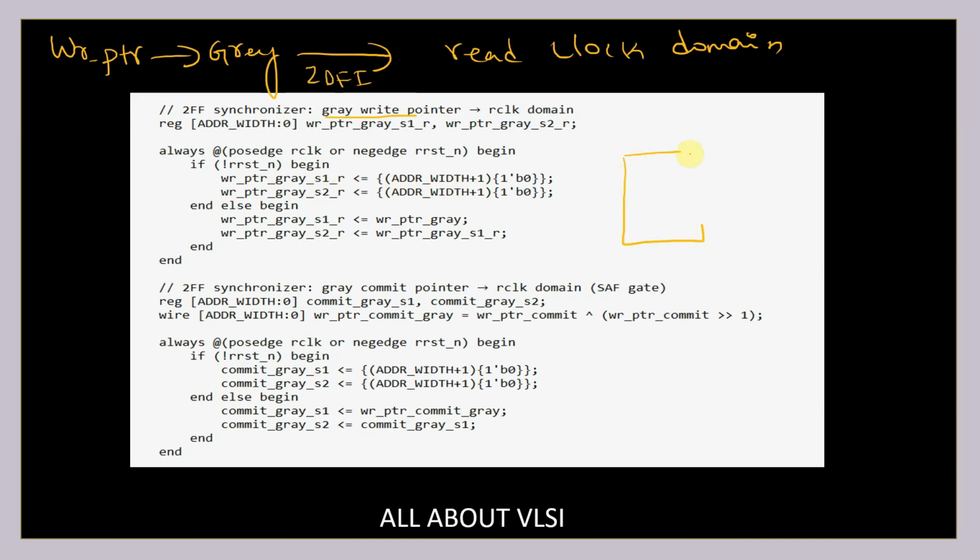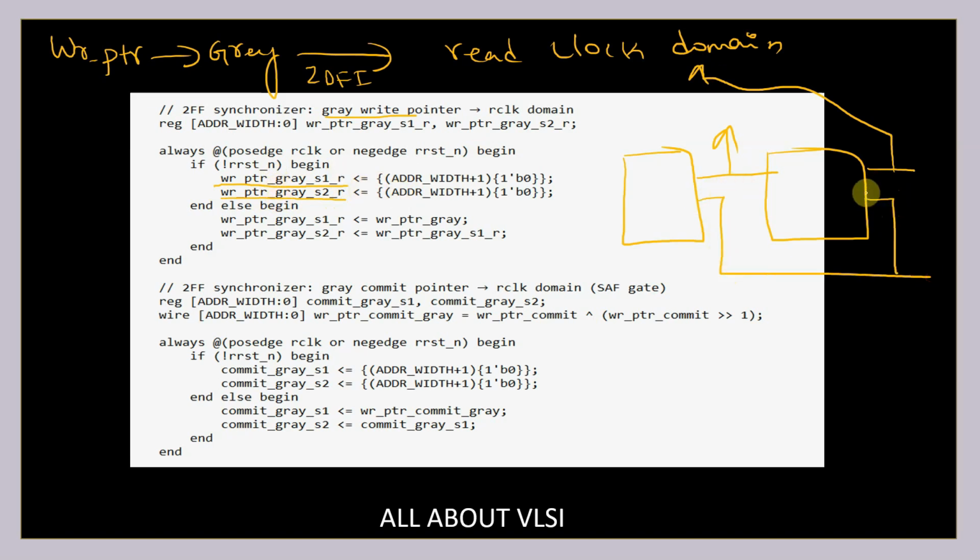Okay, so what are we going to do over here? So this is my first D flip-flop, and this is my second D flip-flop, and the output of the first D flip-flop is this write_pointer_gray_S1_R, and the output of the second D flip-flop, which is going to be given into the read clock domain, is this, which is nothing but write_pointer_gray_S2_R. Initially both will be equal to 0 if reset is equal to 0, and if you have observed, these two D flip-flops are working with R clock, which is read clock domain.